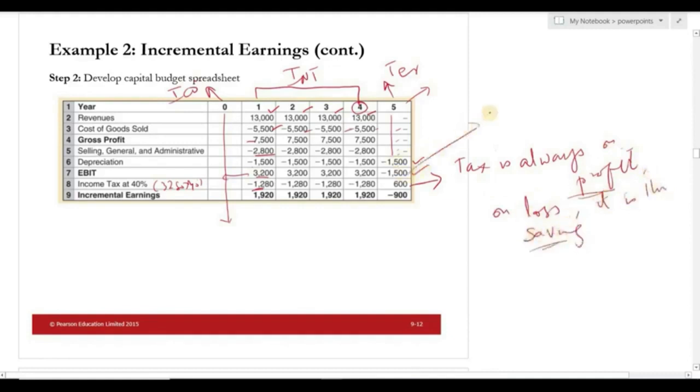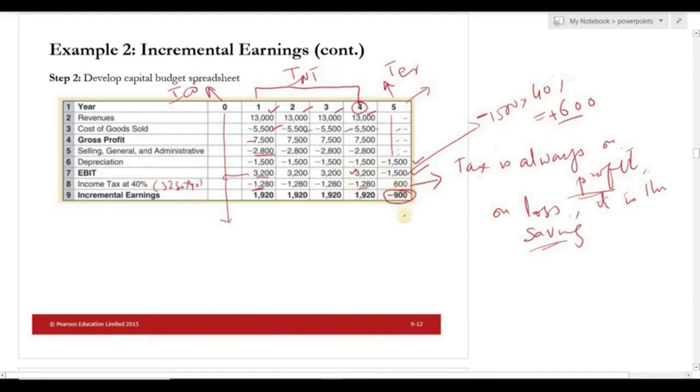So 1500 multiplied by 40%, the answer would be 600. But this is on negative 1500, so that's why it's a saving, so you will write it as positive. Remember, when it is profit it will be negative, when it is a loss it will be saving, right? So how much is the incremental earning? That is negative 900.